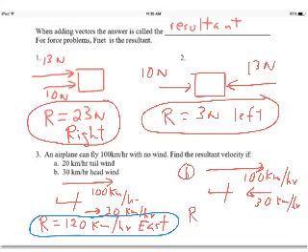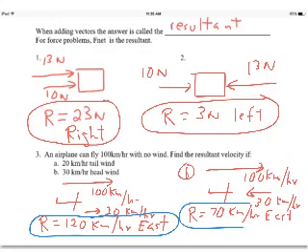The resulting speed of the airplane relative to the ground, the velocity, is 70 kilometers per hour. But it's still making forward progress, still traveling towards the east, but at a slower rate. So that would be our resulting speed. It's the combination of those two vectors.